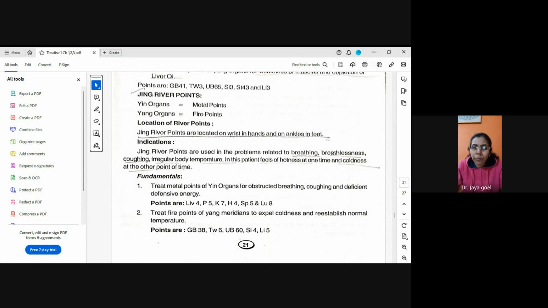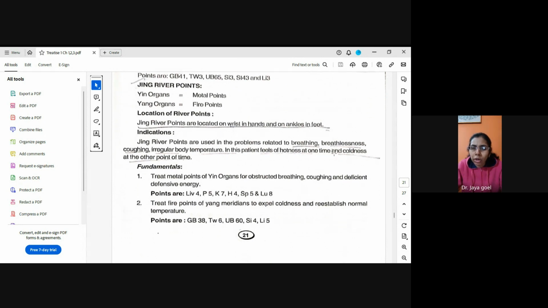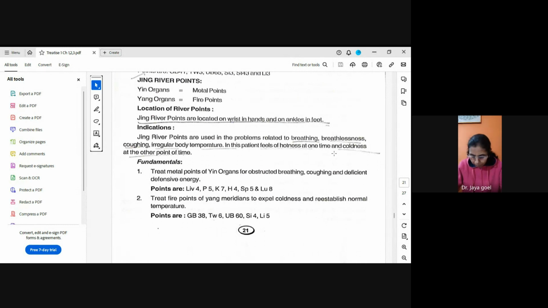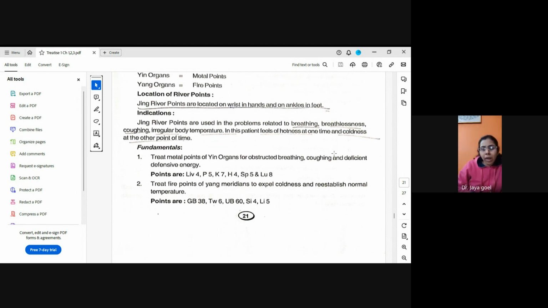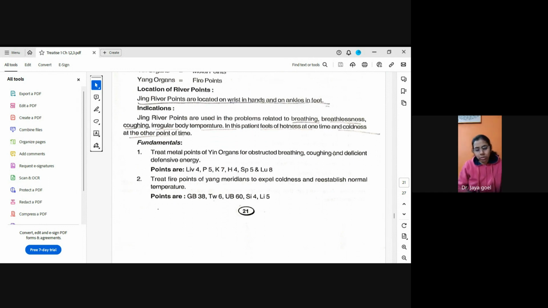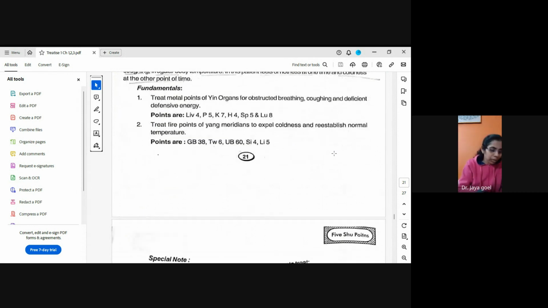And treatment of the fire point of the yang organ is to expel coldness and re-establish the normal temperature. To re-establish the normal temperature and expel the coldness, we treat the fire point of the yang organ. And as I already told you, it is located at the wrist or the ankle, easy to find there.